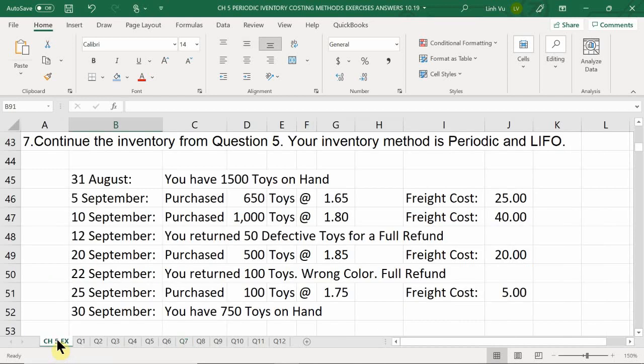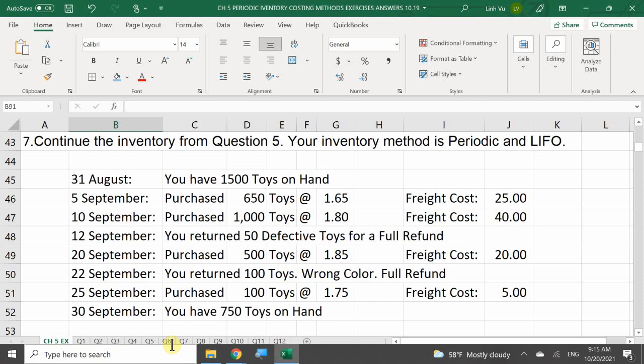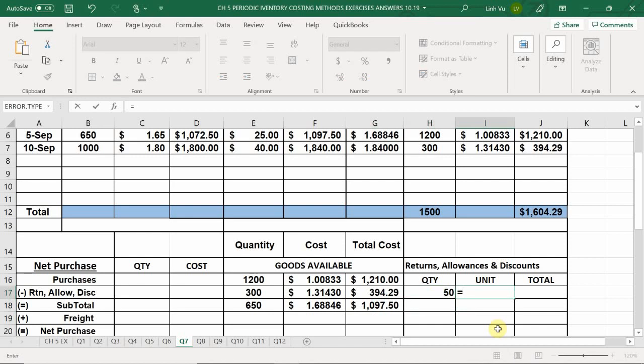Then September 12th rolls around, and you end up returning 50 defective toys for a full refund. So on September 12th, we end up returning 50 toys for a full refund. Assuming that this is the batch that we just most recently bought, how much is it going to cost me per item? $1.80.